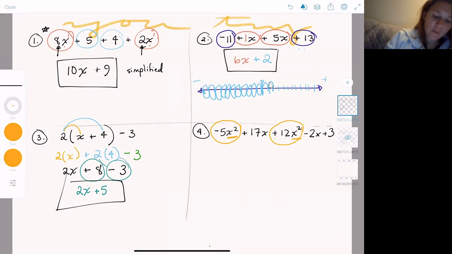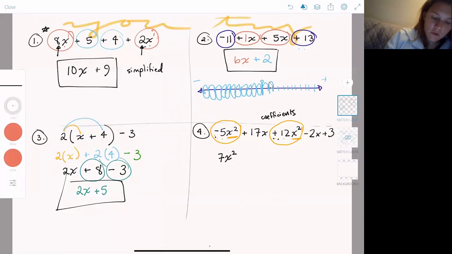Be sure to grab the operation out in front, and combine the coefficients. We're just adding them, subtracting them together. So positive 12 minus 5 equals 7. Because we're adding and subtracting, it stays just as x squared.